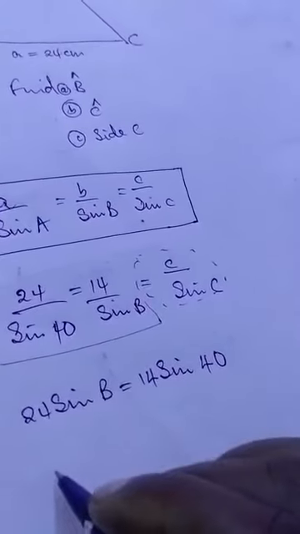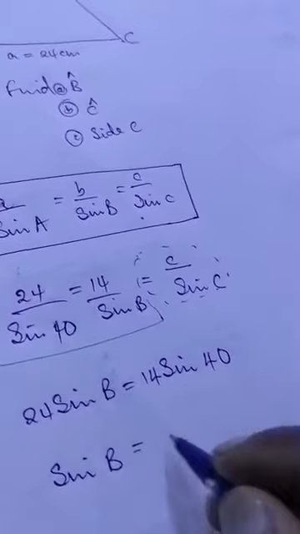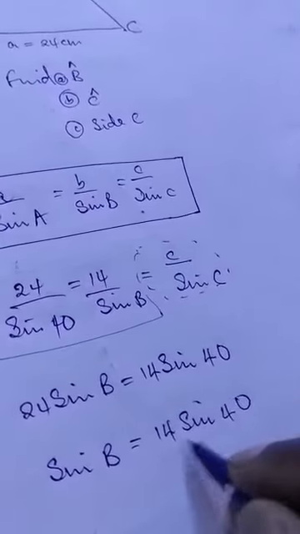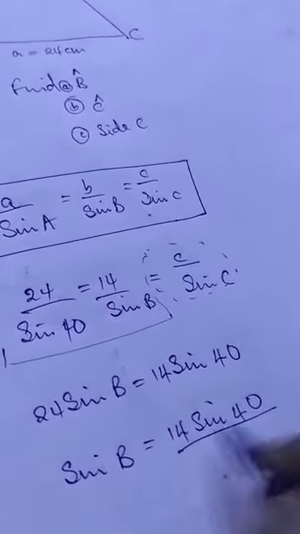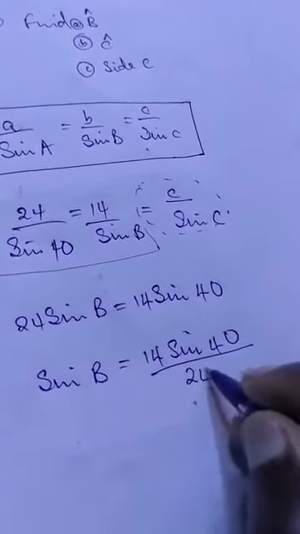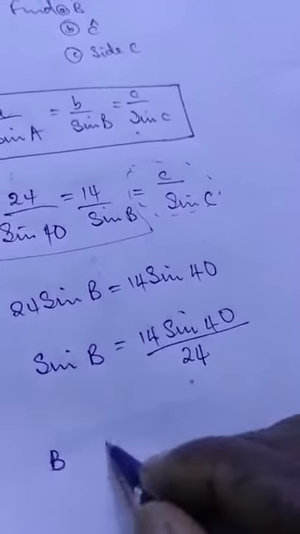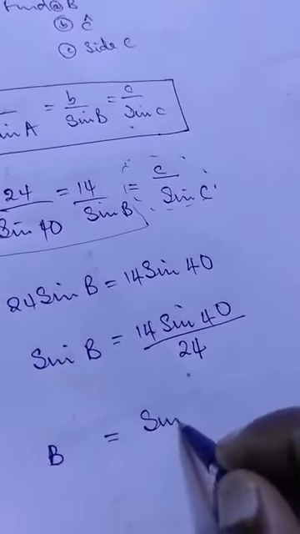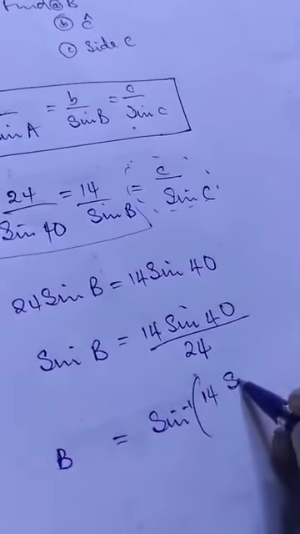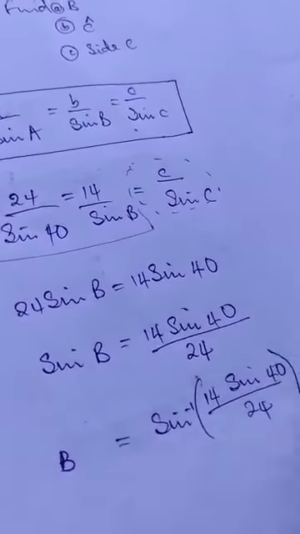So we're going to have sine B equals 14 sine 40 over 24. You punch this on the calculator and get the result over 24.